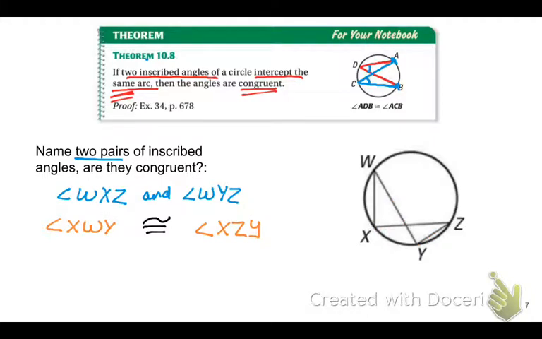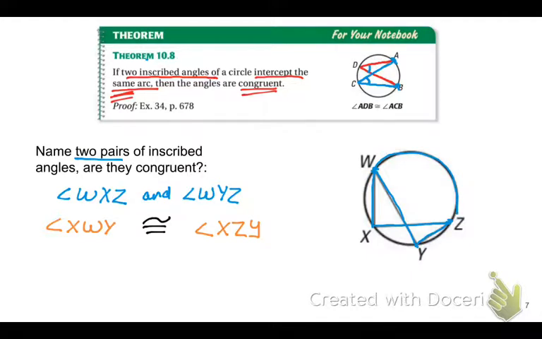Okay, let's go back to blue. So WXZ and WYZ intercept the circle at the same spot. So this is their arc.